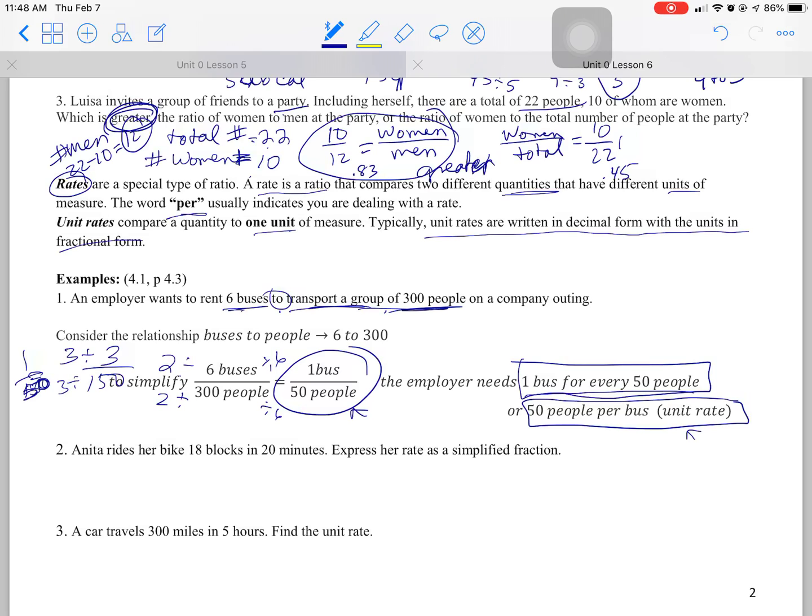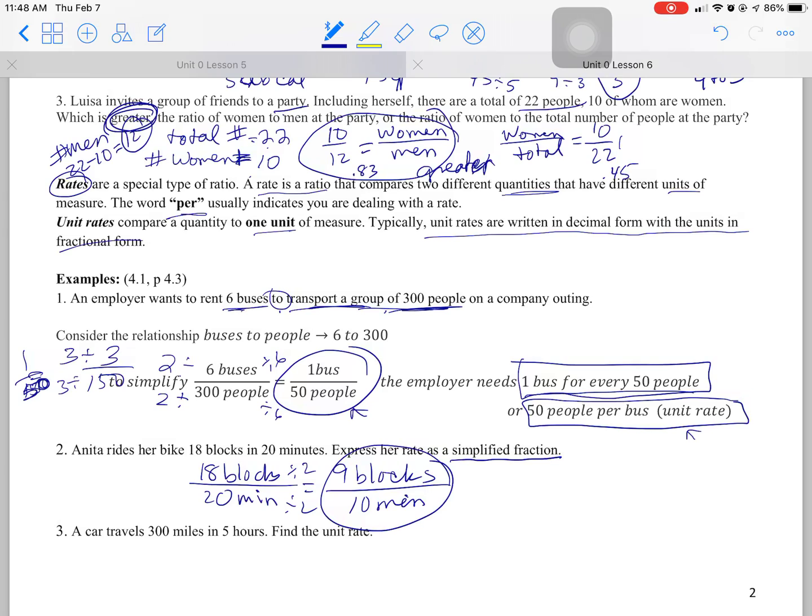Let's try one of these fractional ones. We have 18 blocks, decimal ones. 18 blocks to 20 minutes. Let's see, reduced by 2 gives you 9 blocks in 10 minutes. That's as small as I get. So expressed in a simplified fraction, we are done, okay?